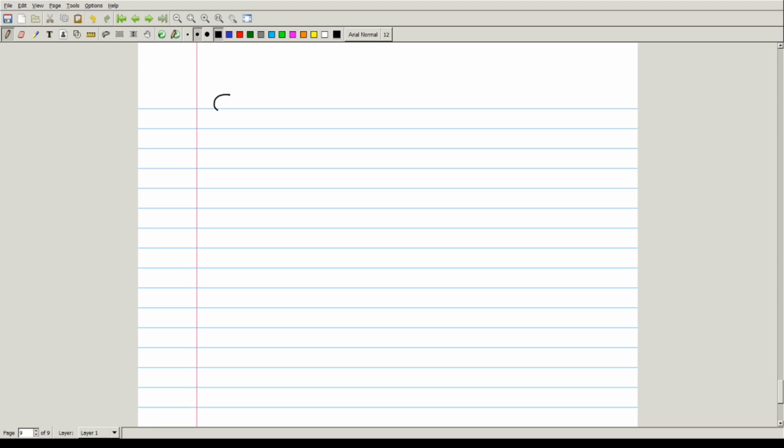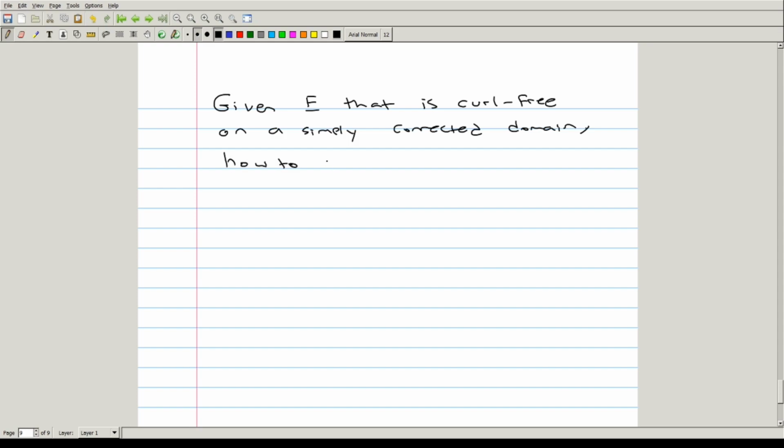So given a vector field F that is curl free on a simply connected domain, how can we recover the scalar potential?